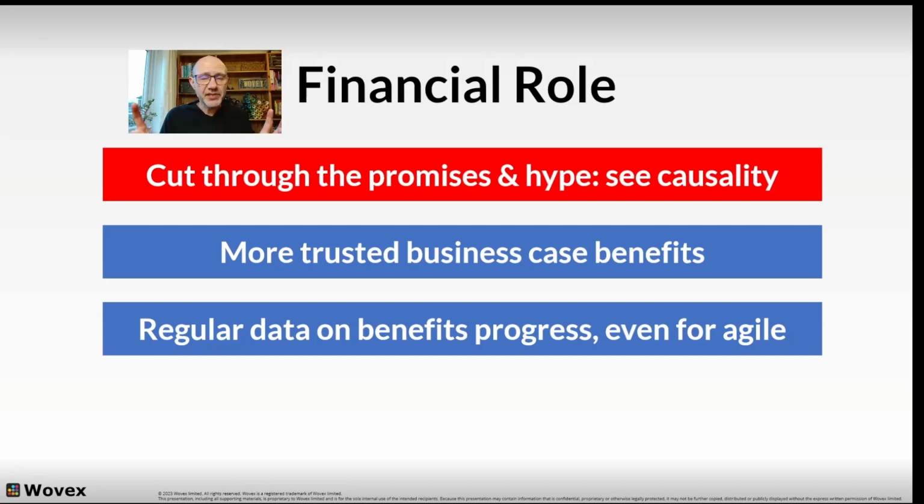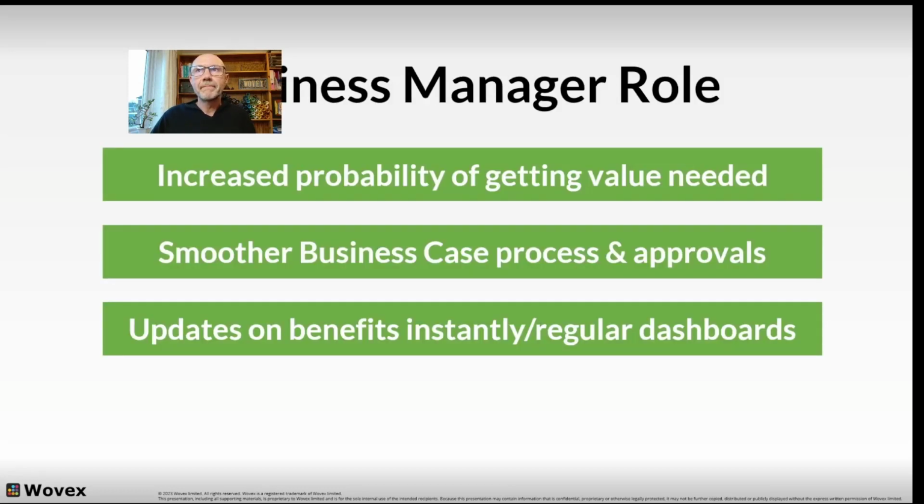If you put it into your business case, then you can trust your business cases more. Have a benefits map in them. Have some measures and make sure that it's full of an end-to-end process. And for somebody in a financial role to be able to go, great, I can trust my business cases more in terms of the promises in there, and I can be more certain. And I can also get regular data on progress, so I can understand how things are actually progressing through. So from a financial role, for me, who's very biased, it's a very clear decision.